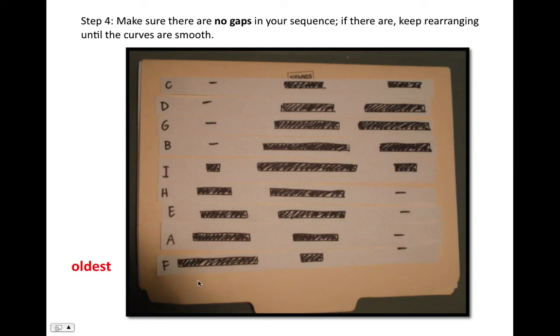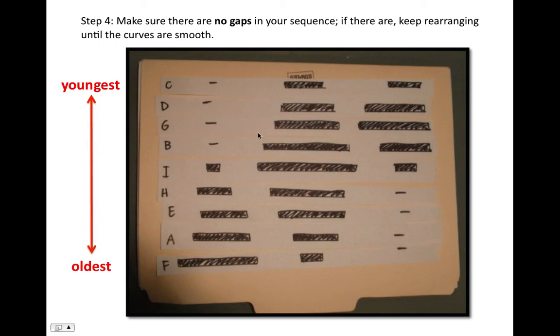It's site F. This is still going back to the idea of superposition, that the oldest things are on the bottom, which then means that the youngest things are on the top. So site F is our oldest site, and site C is our youngest site. We also then can tell the relative ages of the sites in between.